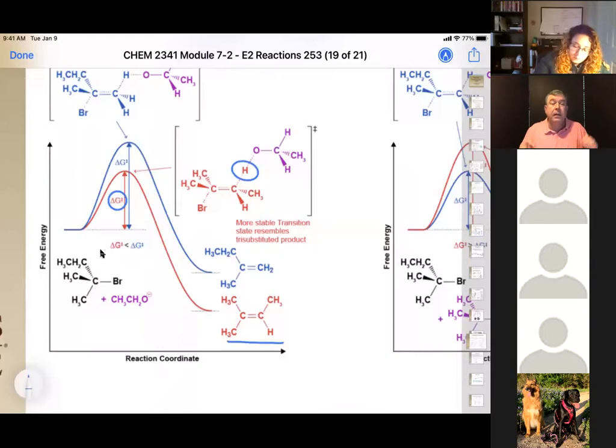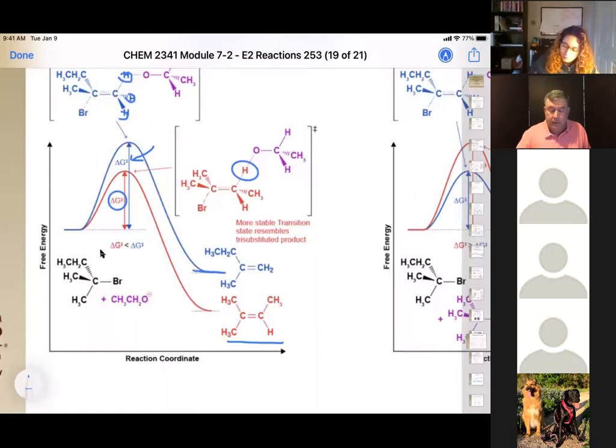So in the Zaitsev's elimination, we have the kinetic and the thermodynamic product. But we do have a competing one here because we have six of these hydrogens out here. And we have just a little bit higher energy barrier. We can form some of that, which is the less thermodynamic, but it's a higher energy barrier, so it's slower. And it's slower, meaning it's the minor product.